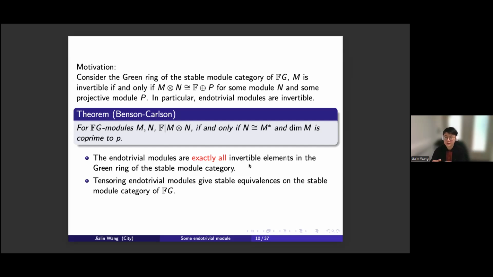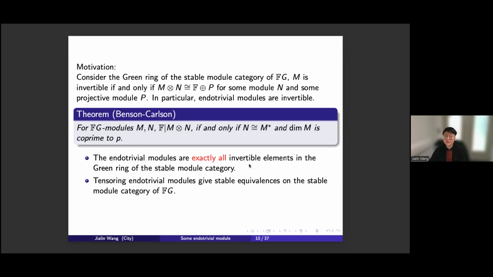And in fact, if you take an indecomposable endotrivial module which does not lie in the same component as K, then tensoring with this endotrivial module gives you a graph isomorphism from the Auslander-Reiten component containing K to the component containing the module itself. But that's just for your interest. I'm not going to go through more details on these things.